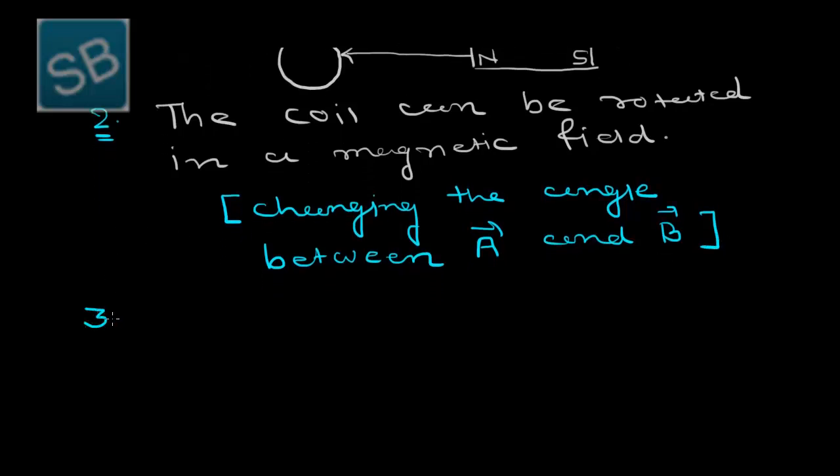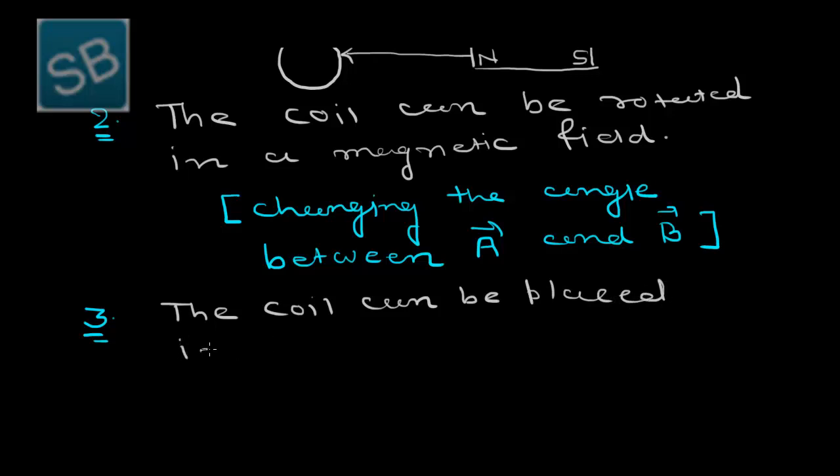Now the third one, the coil can be placed inside the magnetic field in a specific position.